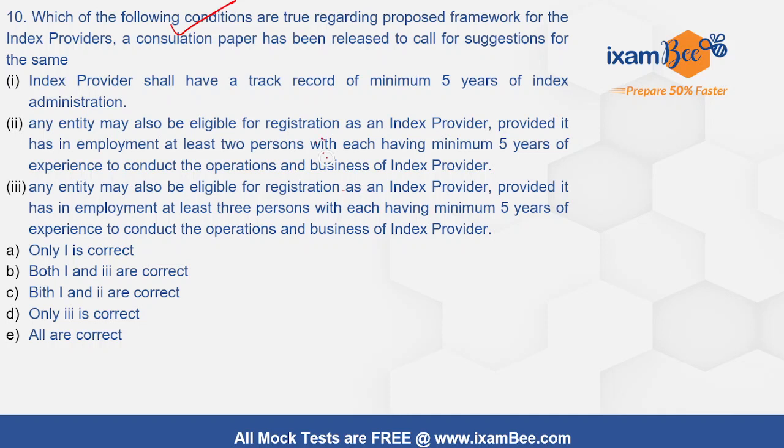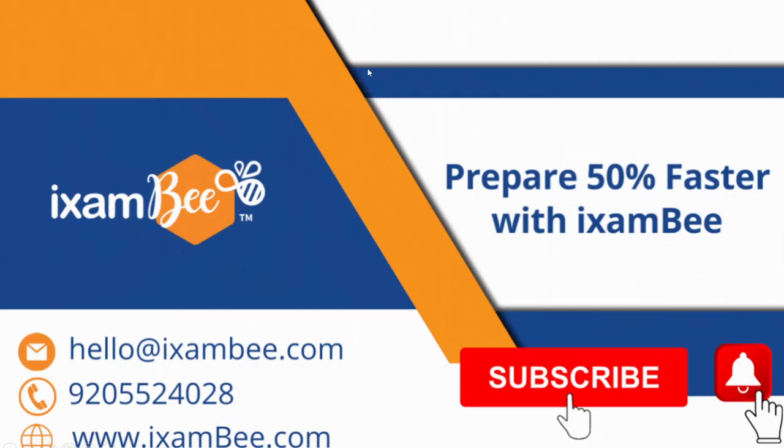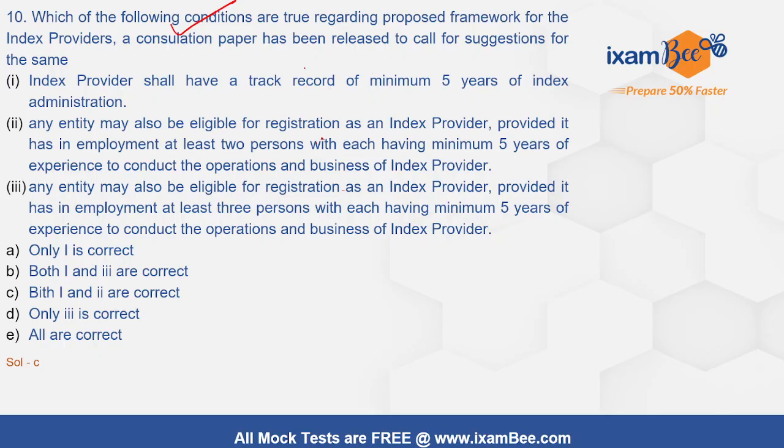And also, the index provider shall have a track record of minimum 5 years of index administration, or they should employ at least 2 persons each having minimum 5 years of experience to conduct the operations and business of index providers. So the answer is C, both 1 and 2. These statements are correct.